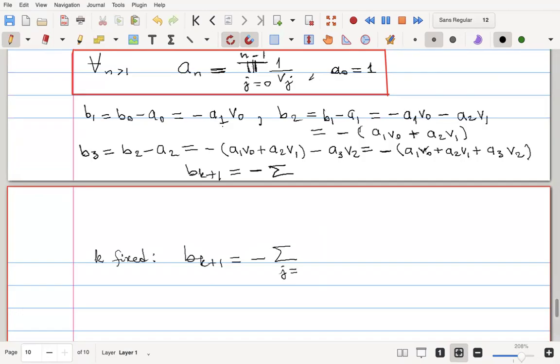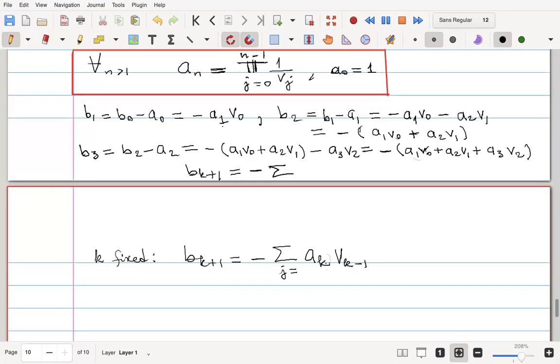So there's a negative here in front. You can see that I will have the product of a, of course, a_k, v_{k-1}, because the difference of subscript is 1. The subscript of a is one step ahead of the subscript of v. So that's exactly what we have here.